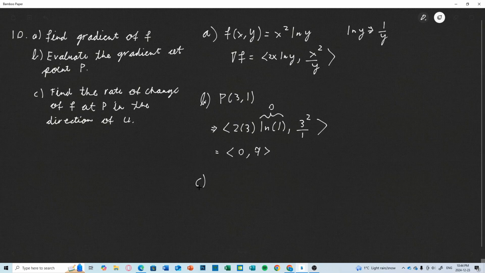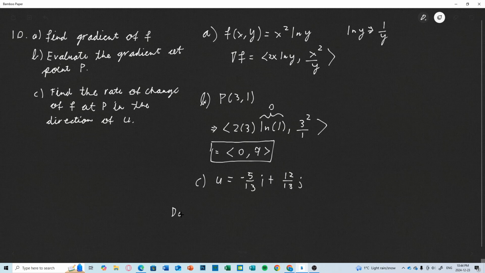And now for part C, it says find the rate of change of f at P in the direction of u, with our vector u being negative 5 over 13 i plus 12 over 13 j. So here we want to take our answer from part B, so our 0 and 9.